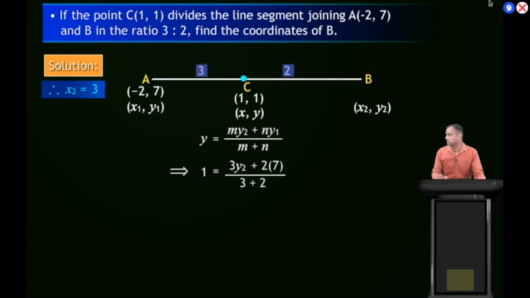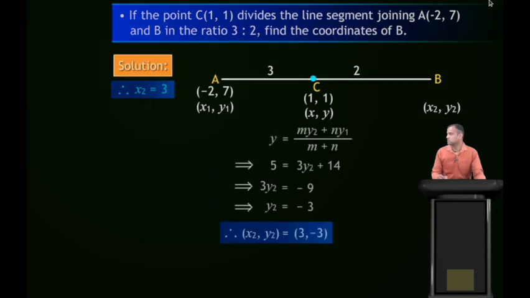Similarly for y, 1 equals (3y2 plus 2 into 7) upon (3 plus 2). Or it can be written as 5 equals 3y2 plus 14, or y2 equals minus 3. So this is the coordinate of (x2, y2). It is (3, -3).